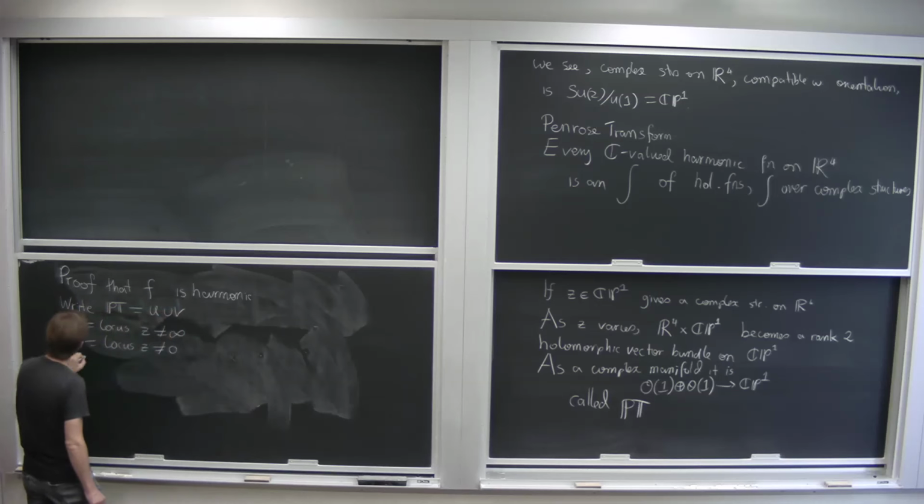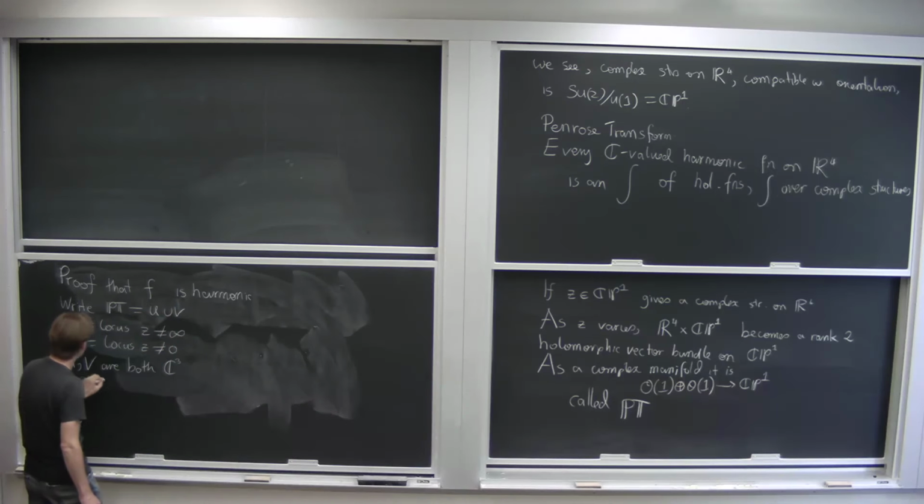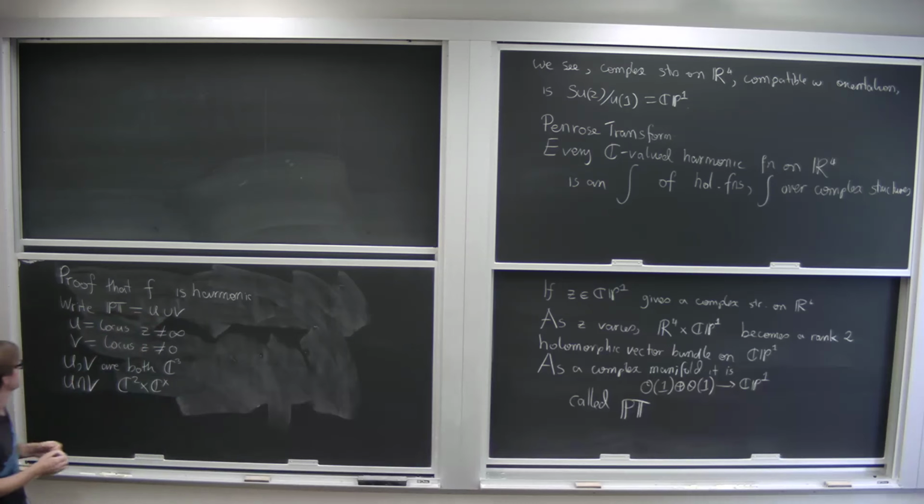So U and V are both C^3. And U intersection V is C^2 times C star. So I'm just gluing twistor space from 2 patches based on the obvious way of gluing CP1 from 2 patches.